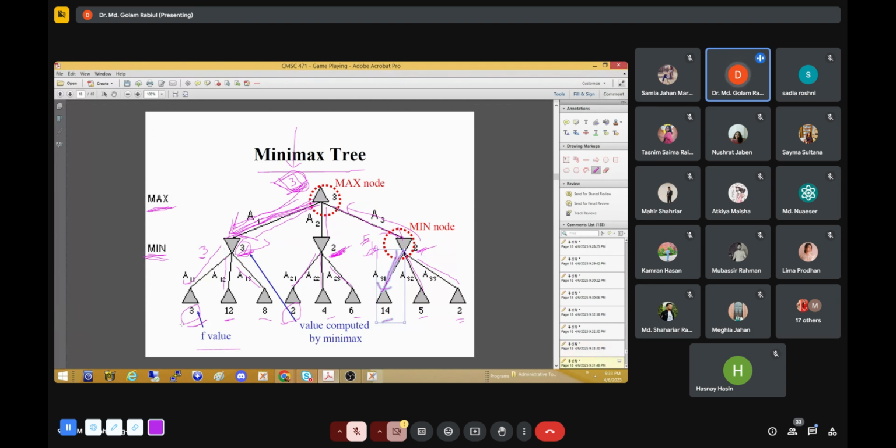That means we can say this 3 is here. So this is the path. Okay, so the algorithmic principle, it will follow the depth first principle to find out the minimax.